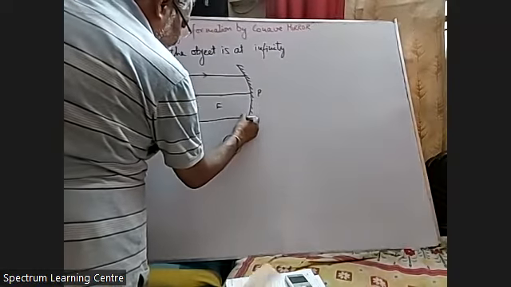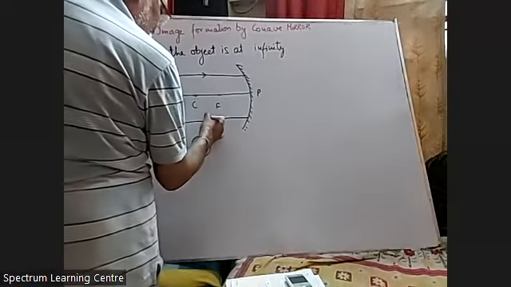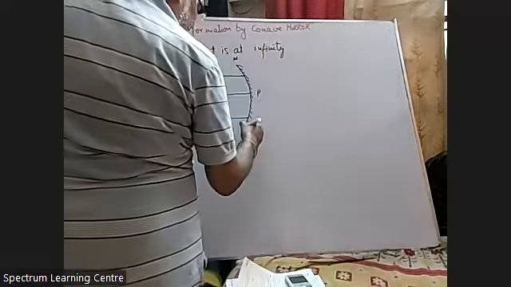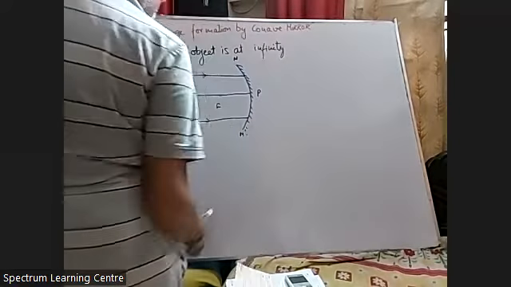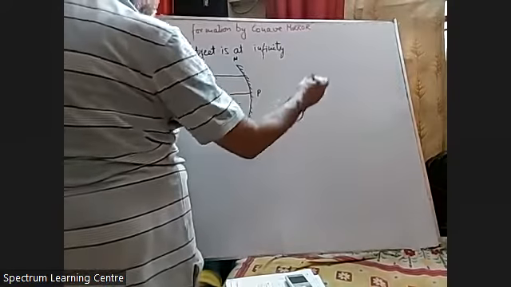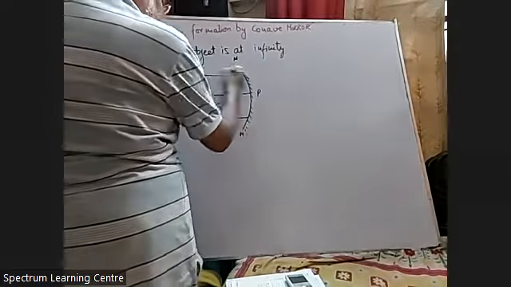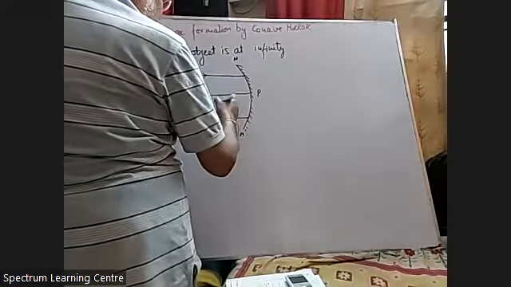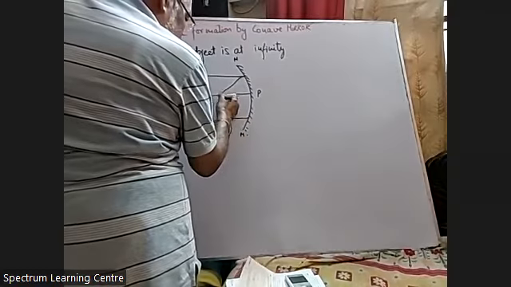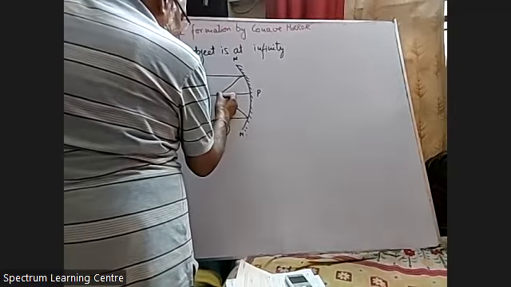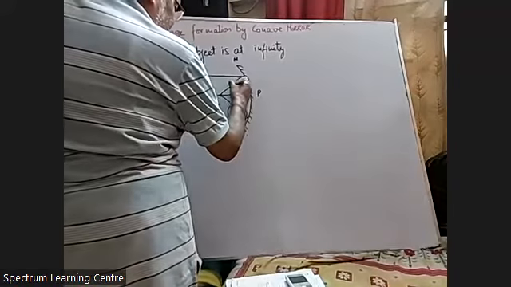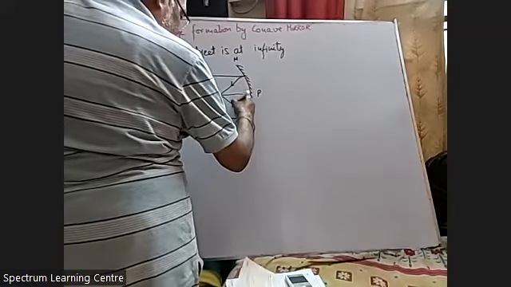Another incident ray coming to the mirror. Name of the mirror is MM dash. We have learned in the convenient rays, a ray passing parallel to the principal axis meets at F, and this point of intersection will form the image. This is the reflected rays.